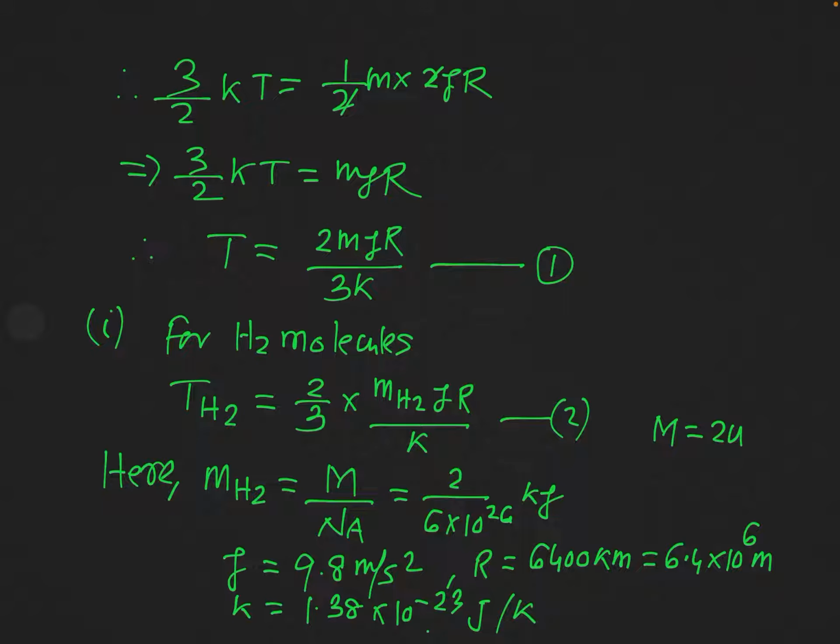So let us now substitute all these numerical values in equation 2, and after simplification you will get the value of the temperature at which the molecule of hydrogen gas will escape from the Earth's gravitational field, or from the Earth's surface. So let us substitute it. See this formula again, and let us substitute all these numerical values.